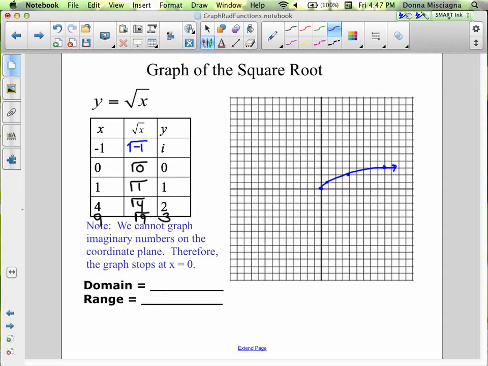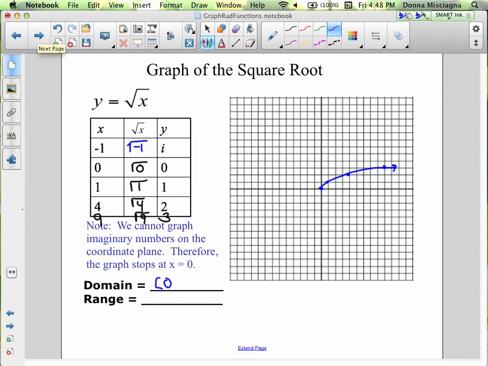Notice that as I go along the function, my x values are getting larger, the y values are getting larger, and the arrow indicates it's going to keep going in that direction. So our domain is going to have a starting point, right? Notice here, we have a little note: we cannot graph imaginary numbers on this coordinate plane, therefore the graph stops at x equals 0. So does your domain. We're going to use a bracket because 0 is included.